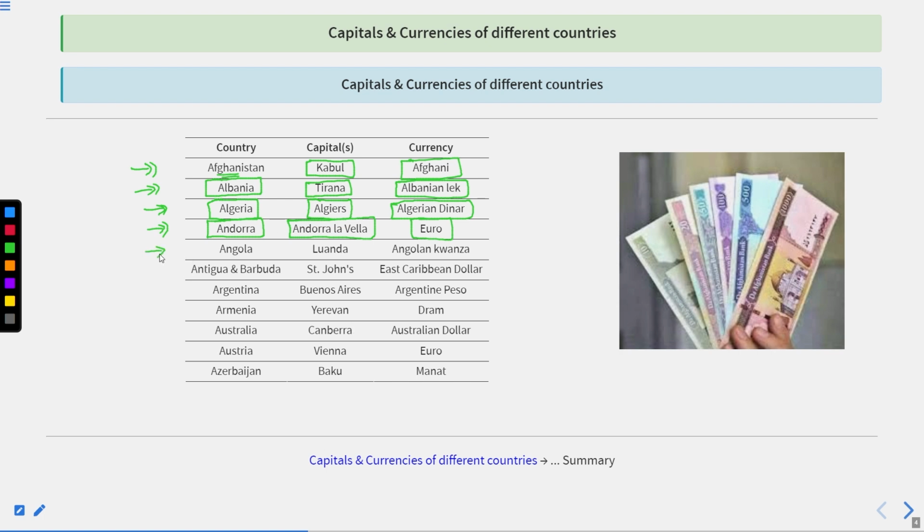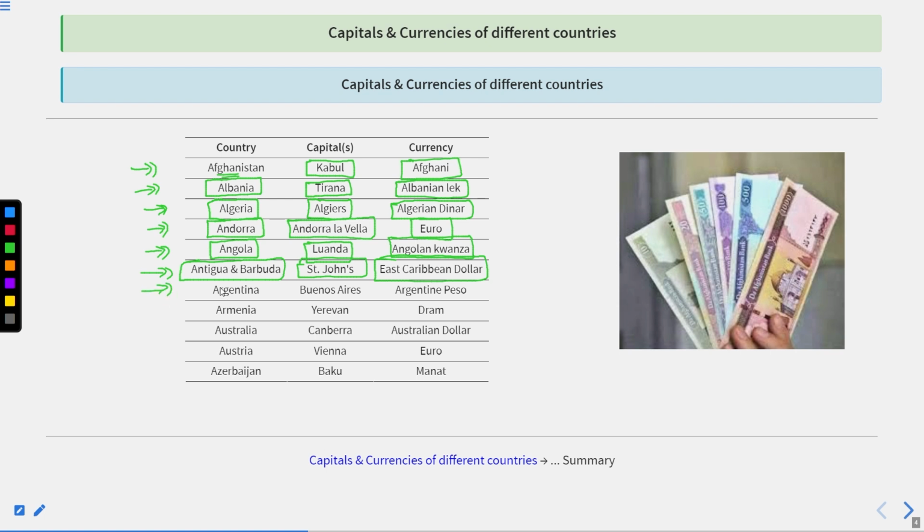Then Angola is a country. Capital is Luanda. Currency is Angolan kwanza. Then Antigua and Barbuda. It is a country. Okay. The capital is St. John's, and the currency is East Caribbean dollar.